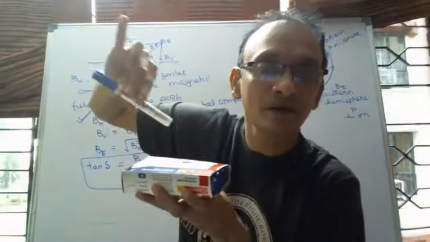Okay. Now, at the point P, this is the magnetic meridian, and this is the geographic meridian. This is the magnetic north. This is the geographic north.